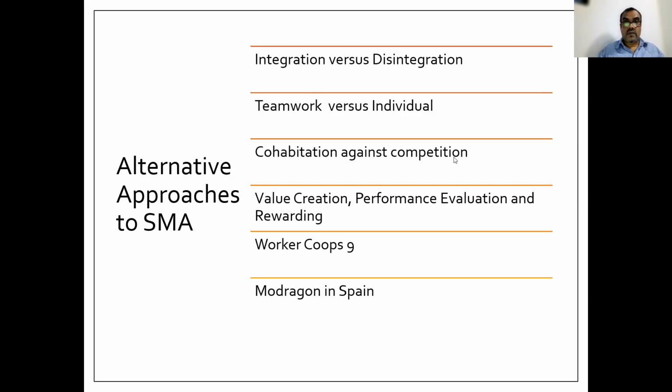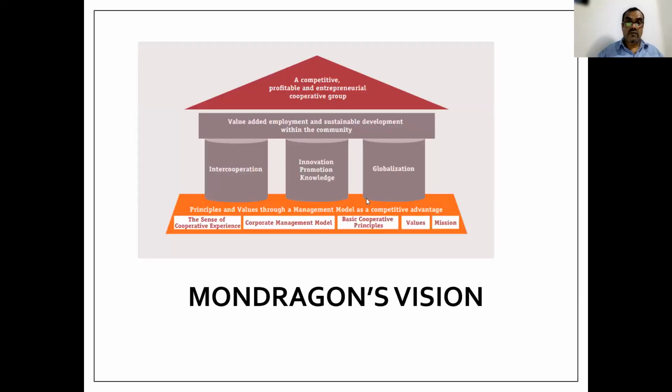If you have free time, just go to the internet and look for Mondragon and look at more details. But I would highlight major information pertaining to strategic management accounting, and rather management, where the value is created. Just look at this, the image of a house. That is the vision.